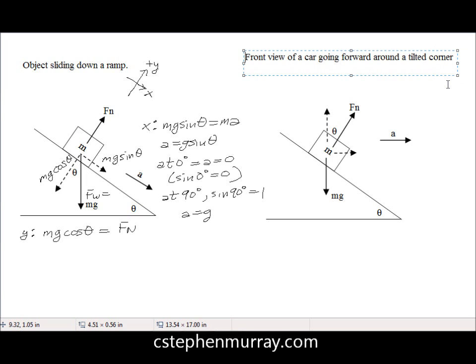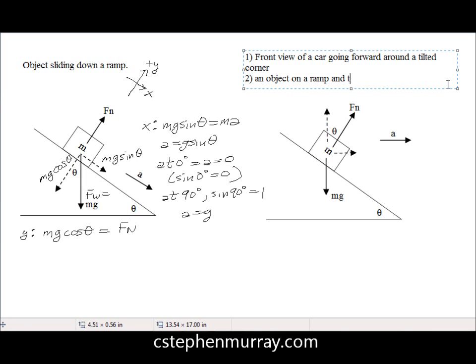Okay, that's one example of what this could be. The other is that this could be an object on a ramp, and the ramp is accelerating to the right. Okay, you can actually do this with a momentum track. Just put a cart on it, push the track very quickly to the right, and you will see the cart go up, or you could even keep it stationary.